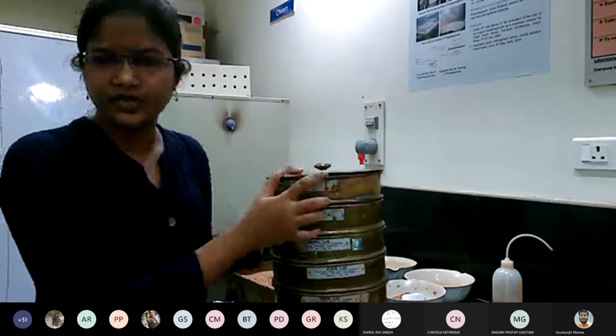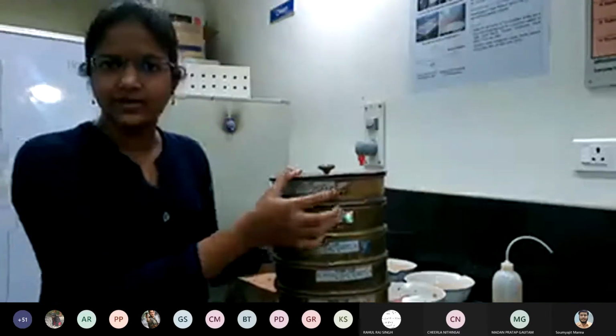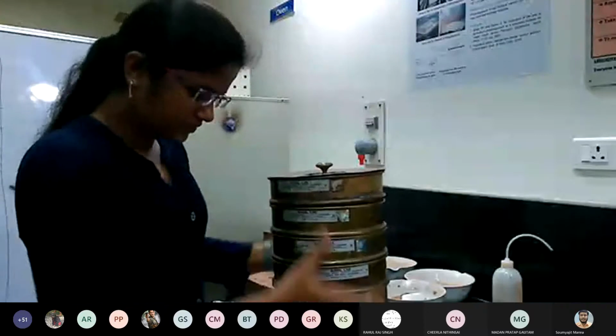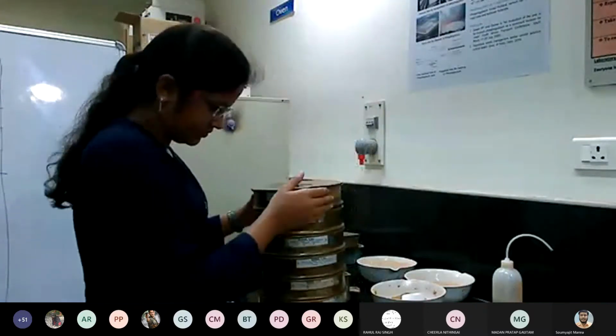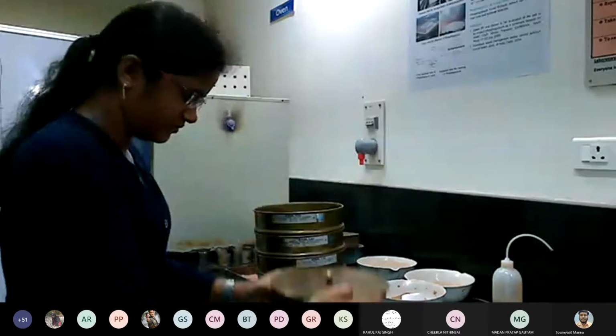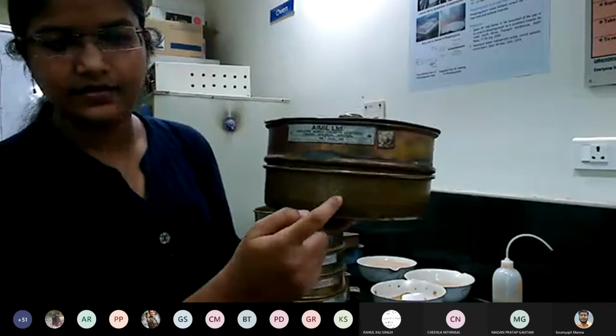Now for demonstration purposes, we are shaking these sieves individually with our hand and showing you. The bottom one is our pan. This is the lid.